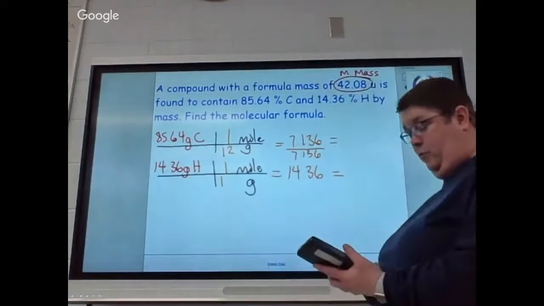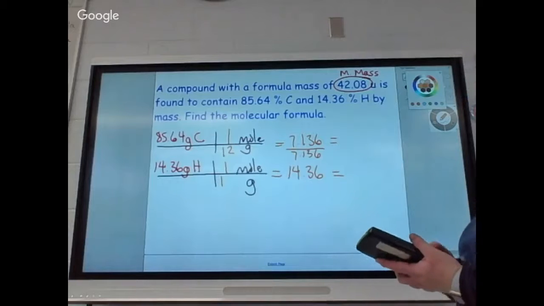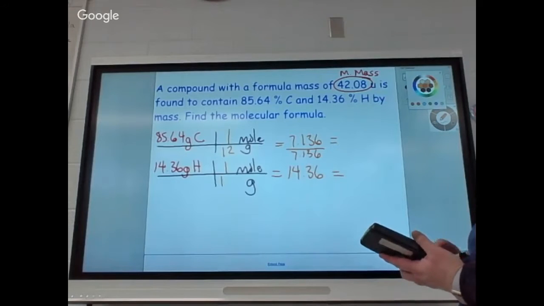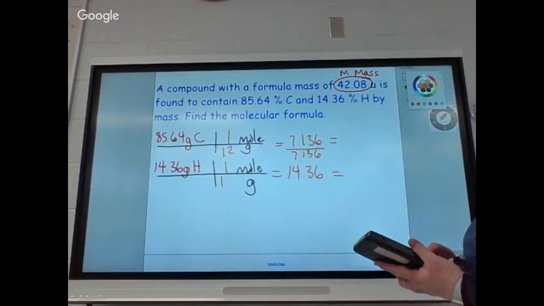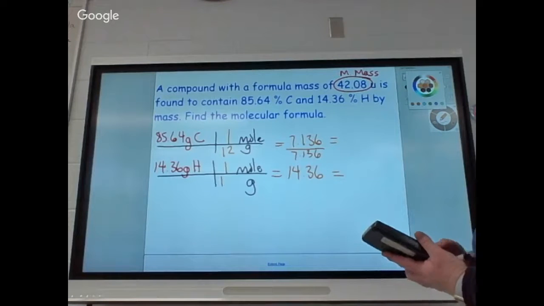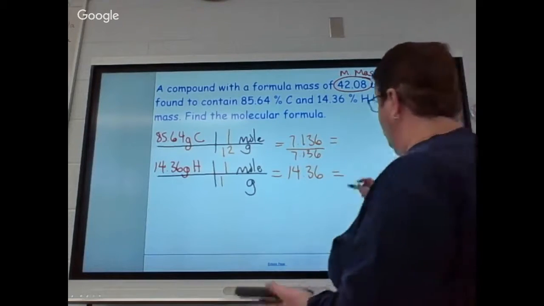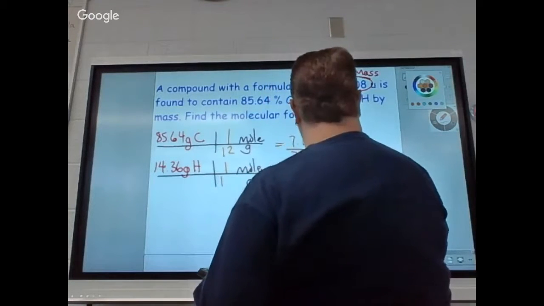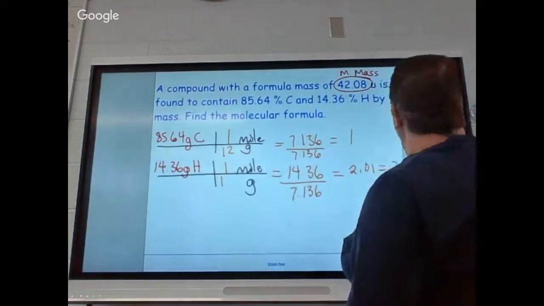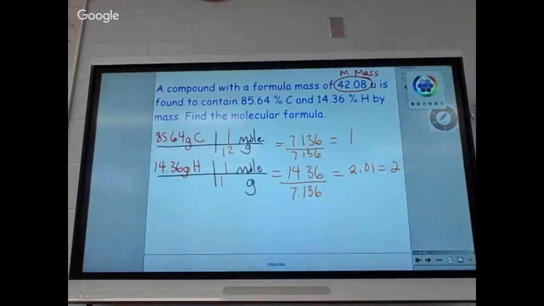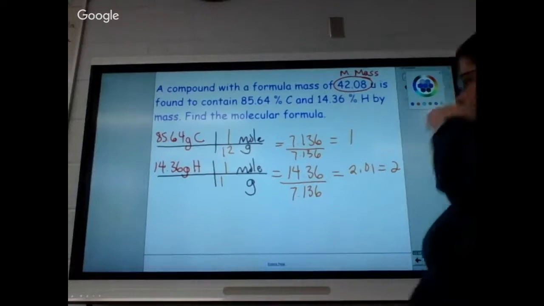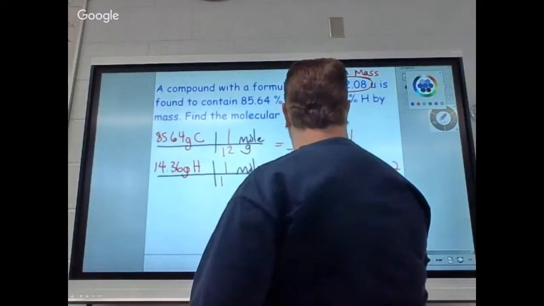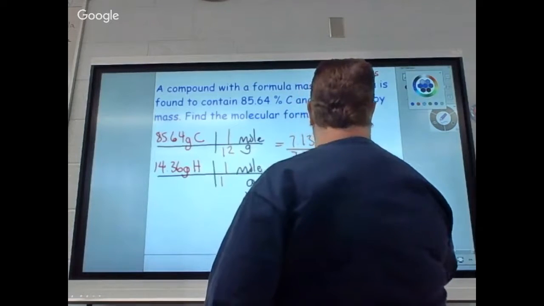Let me see if I remember that number right from the last class. And I got 1, and then I got 2.01, which is the same as 2. All right, so what do I do with those two numbers? C1H2. All right, so C1, H2, and that's the what?